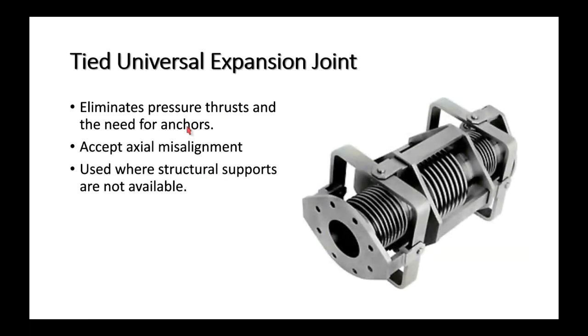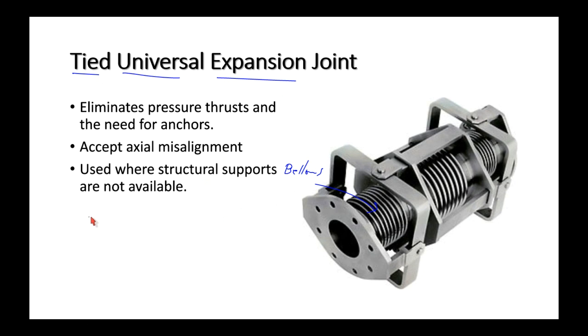Now, there's this thing here that is correctly called a tied universal expansion joint and is covered in your third class. And this one is neat because we don't have to worry so much about anchors and guides. These particular expansion joints, they are bellows types, and they actually accept a considerable amount of axial misalignment.